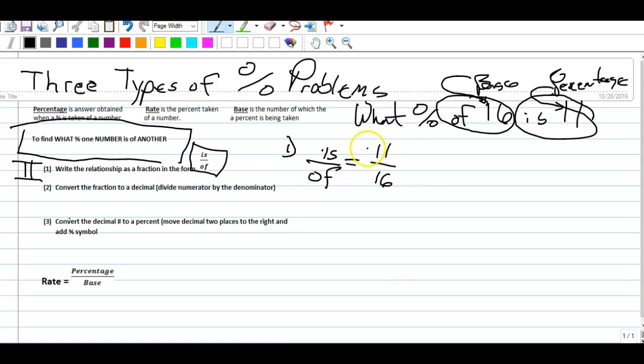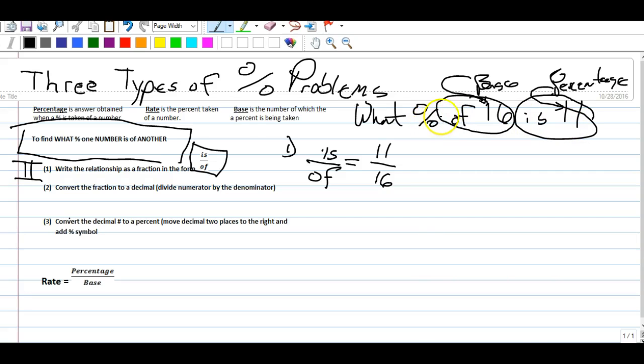Or as the author indicates, what we're trying to do is find the percent, or the rate, and the rate is equal to the percentage over the base. And remember that the base is the number of which the percent is being taken, and the percentage is the answer obtained when a percent of a number is taken.